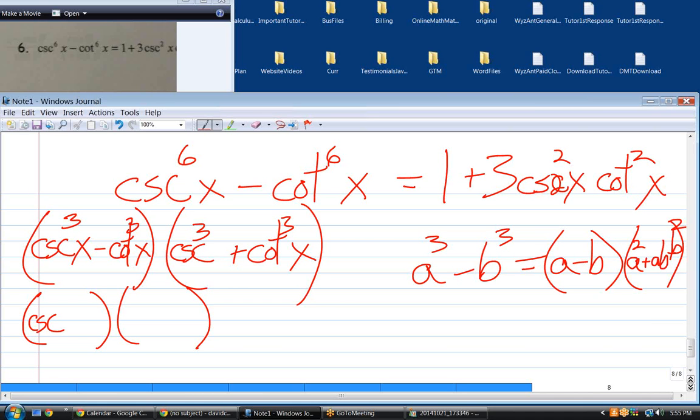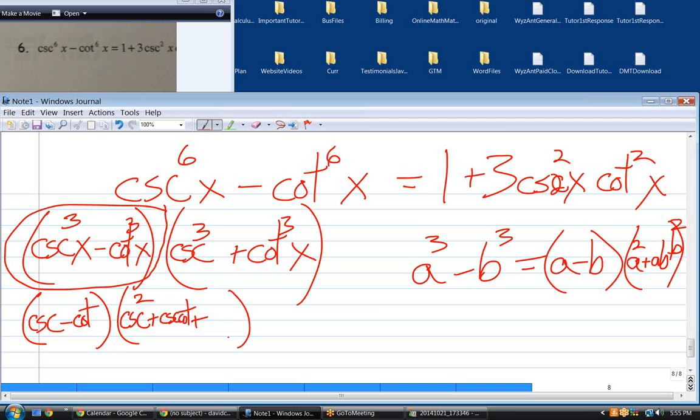You've got to know this because we've already looked at like 4 problems where you have to be able to do difference of cubes. So how does this factor? Cosecant minus cotangent, and then cosecant squared plus cosecant cotangent plus cotangent squared. The last term is always plus, because it's multiplying, it just always is.